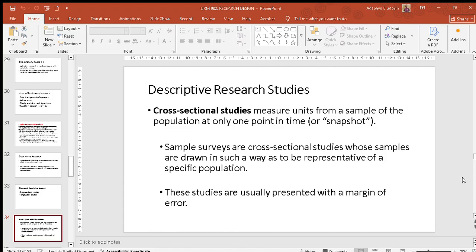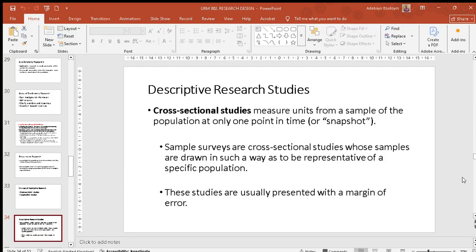And again, we said representativeness is very important for cross-sectional study. So if you are conducting a cross-sectional study, we should also consider how representative your samples are. So let's assume that you want to study the universities in Nigeria and we are picking Obafemi Awolowo University. How representative would that be?